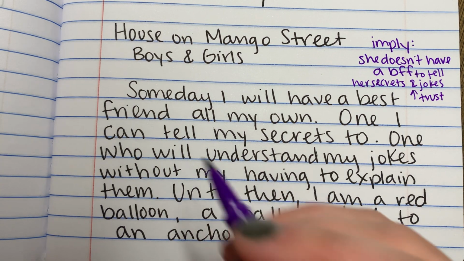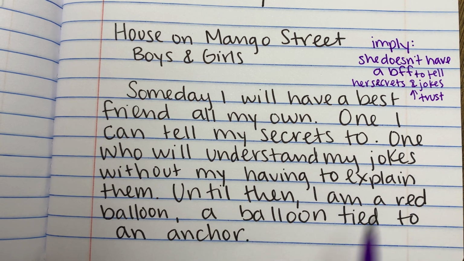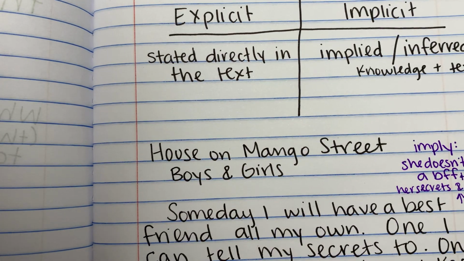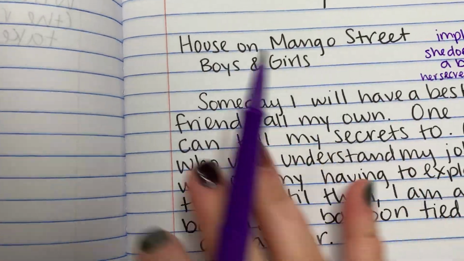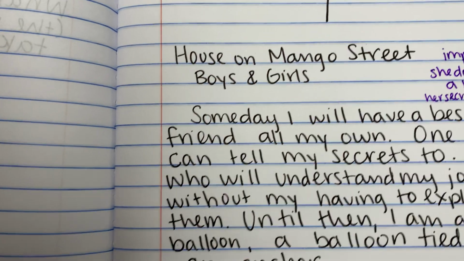Now I want us to look at this last sentence. Until then, I am a red balloon, a balloon tied to an anchor. Okay, well, the explicit of that would be, right? Visually, this is what I would see if this is what she's saying.